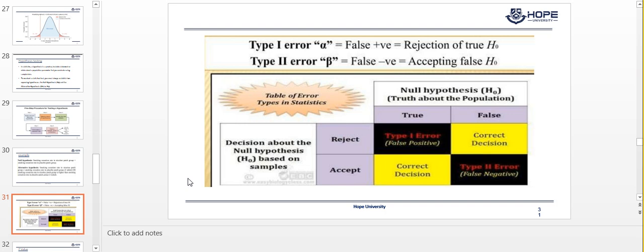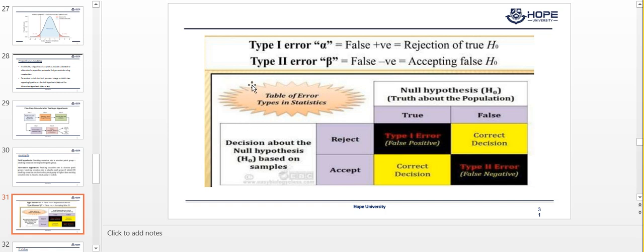While in false and accepted, we have type 2 error. We can call it false negative. So our decision should occur in 4 ways, not else: either error of type 1 and error of type 2, and 2 correct decisions, from rejection and false, and from true and accept.